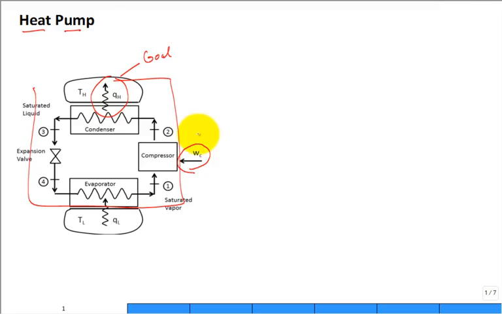Now you say, well, if I want to heat something, let's say the inside of my house on a cold winter day, then a lot of homes and apartments in San Antonio, Texas have electric resistive heating.